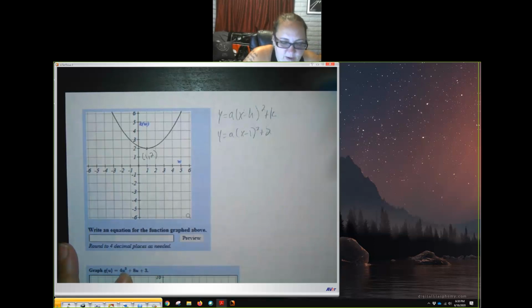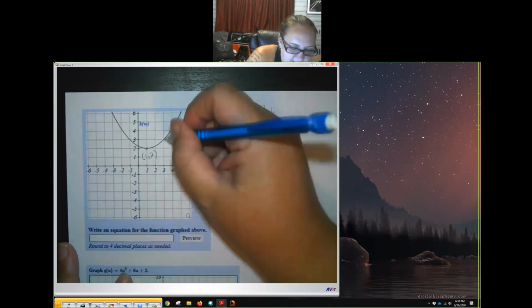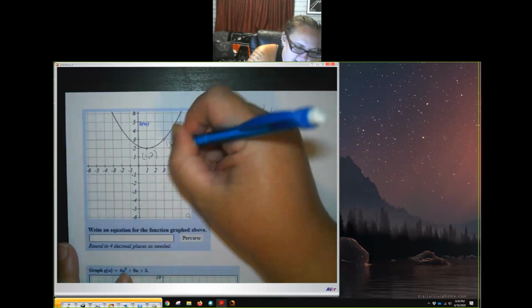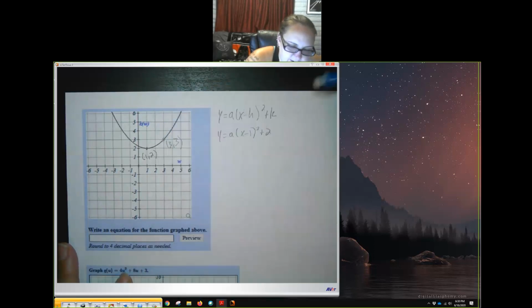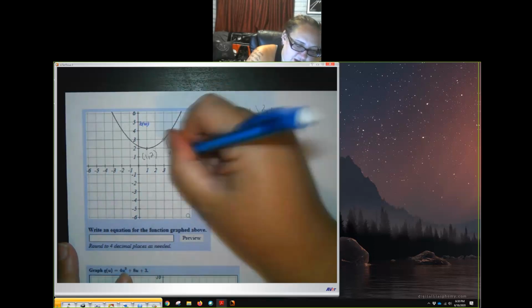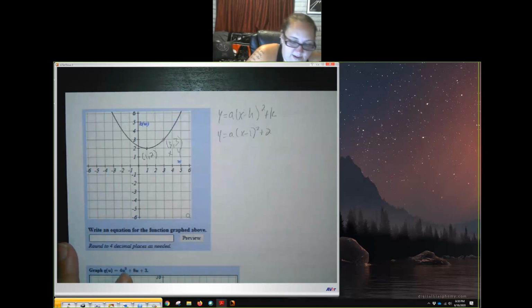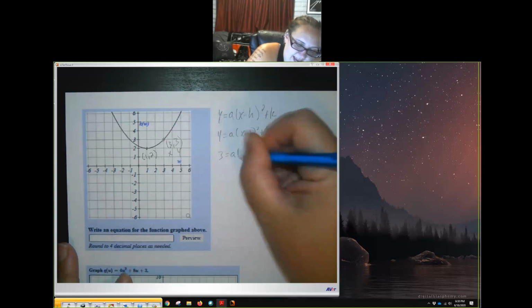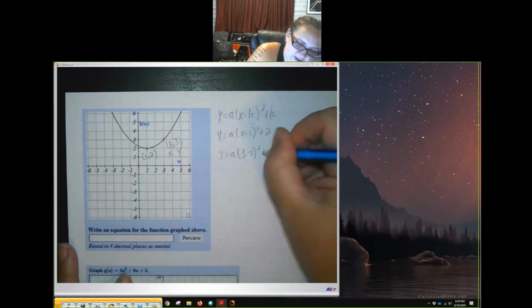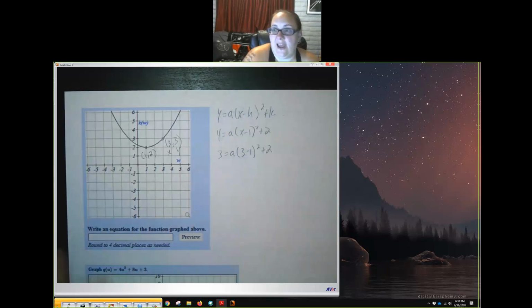And now to figure out what my a is, I'm going to pick any point besides the vertex. So like, how about this point right here, 3, 3. And I'm going to plug those in for x and y. So 3 equals a times 3 minus 1 squared plus 2. And I'm going to solve for a.